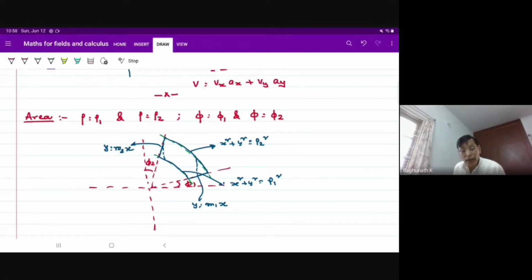I can define each part of this in the Cartesian coordinate system, but it becomes really tedious for us to determine the area. Whenever you see such areas, or the areas of sectors and all, I can even talk about the area which is just like this.